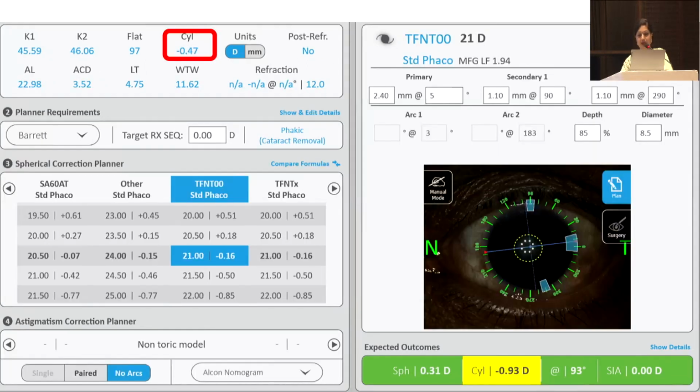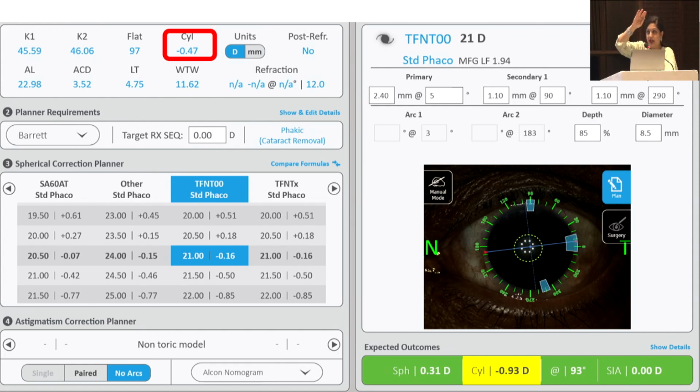With a 0.47, if I go and plan, and I'm not considering posterior corneal astigmatism, look at what the expected outcome says in the yellow. The residual cylinder at the end of surgery is going to be 0.93.